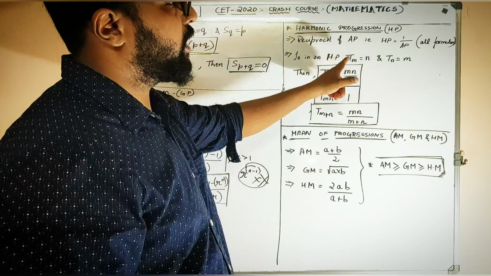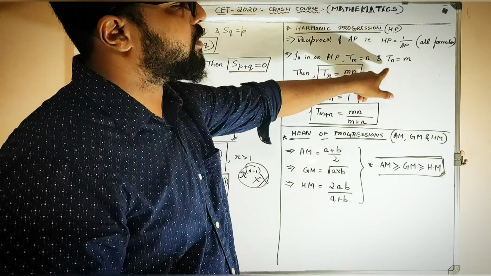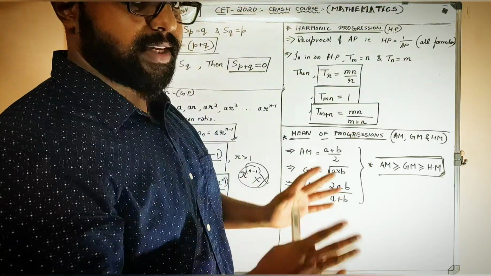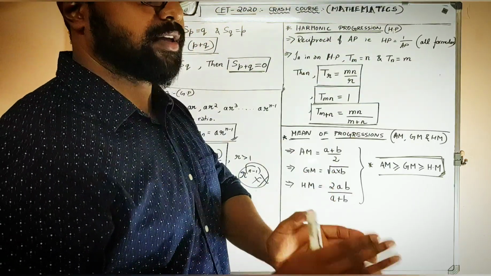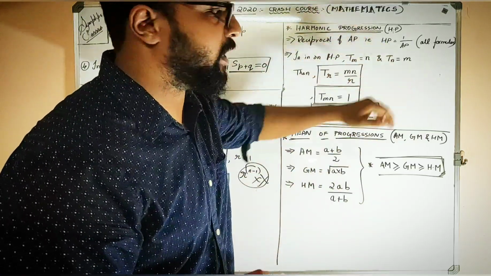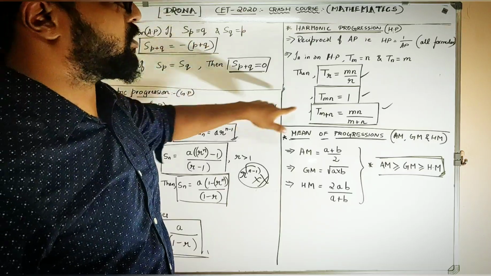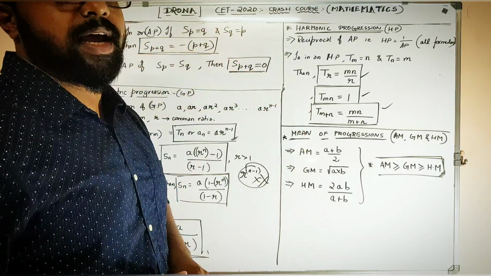You just need to know there are a few more formulas with HP. If in an HP, Tm, the mth term, is equal to n, and the nth term is equal to m. It is the same as the pth term is equal to q, and the qth term is equal to p. If that condition is satisfied, we have three relations to go. Similar to the AP relations, we have some similar relations with HP.